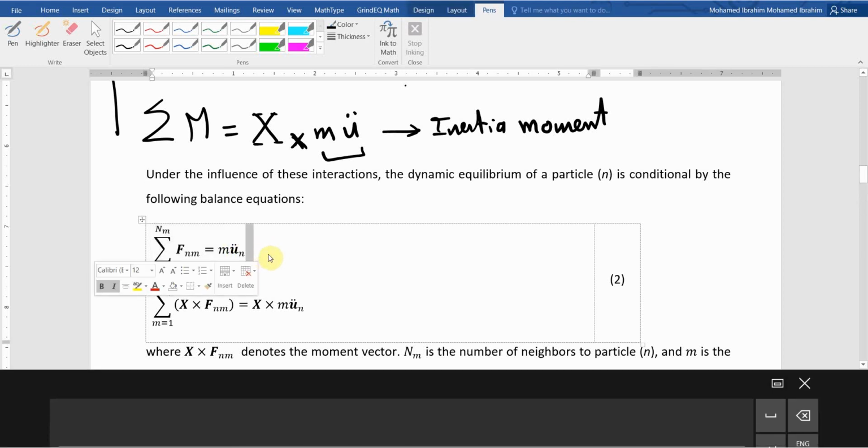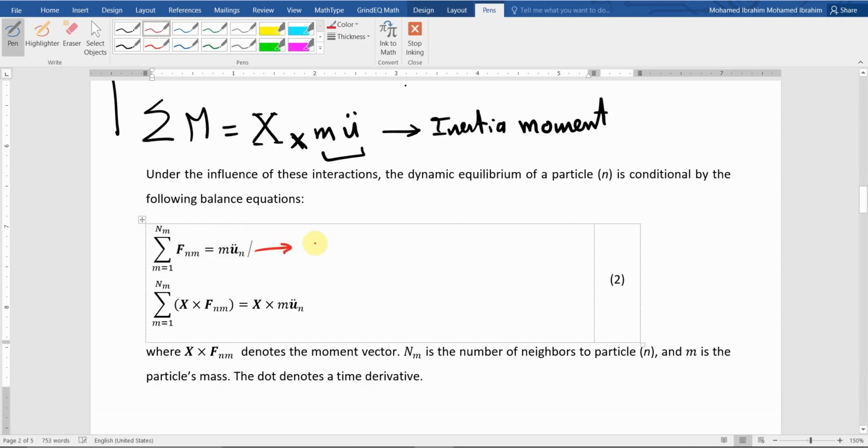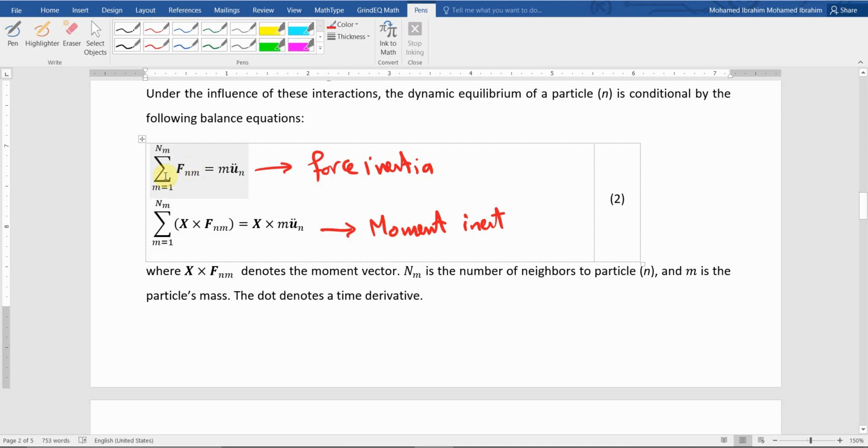Double dot indicates that this should be the acceleration. This is the inertia, the linear, or the force inertia of the particle, but this is the moment inertia of the particle. So we already have this force, and this is the inertia term, and this is the sum of forces. Here we're summing over m, which changes from 1 to nm.